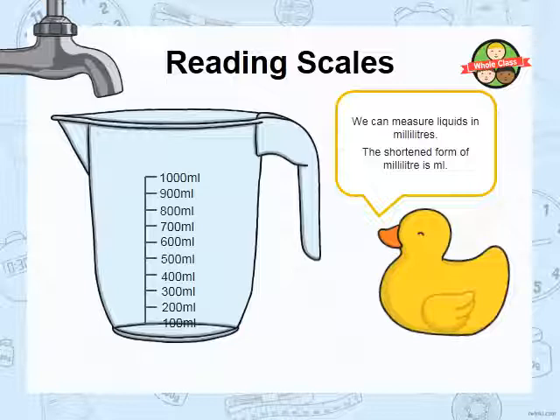Now we have this jug. There are numbers on it. I'll fill the jug with water, and we will measure how many milliliters of water are in the jug. Ready? Yes.